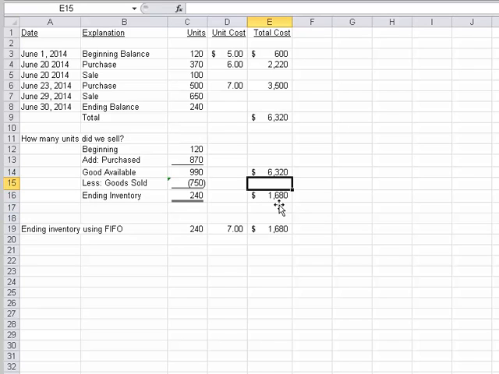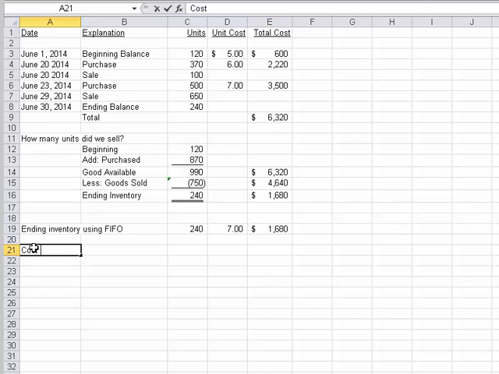So we just subtract the $1,680 from the $6,320. The goods available less the ending inventory tells us that the value of the cost of goods sold using FIFO was $4,640.